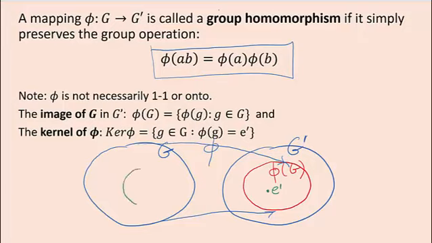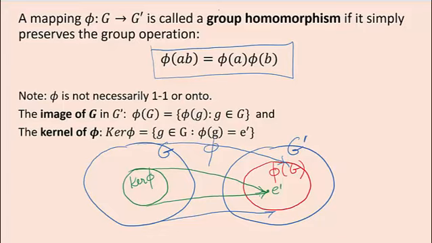So we're going to consider the subset called the kernel of phi, K-E-R phi. The kernel is a subset of G, and the kernel consists of the elements of G that map to the identity of G prime.